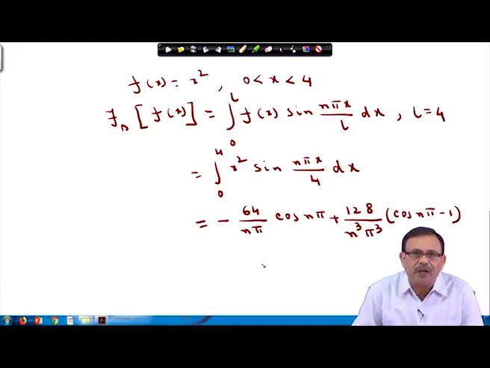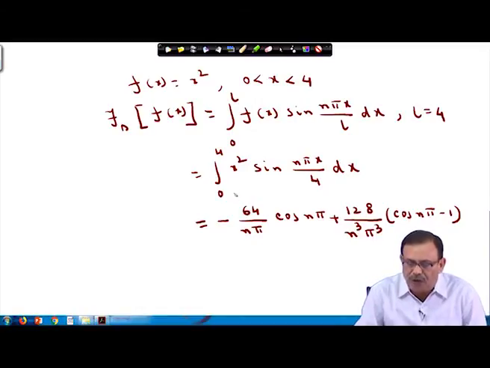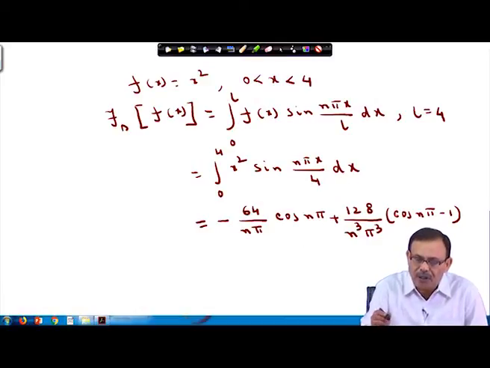So the finite Fourier sine transform of f(x), from the definition, is the integral from 0 to L of f(x) sin(n pi x by L) dx, and for this case the function is x square and x is defined from 0 to 4, so L equals 4. If I put it in, the integral becomes 0 to 4 of x square sin(n pi x by 4) dx, and you will get this particular result.